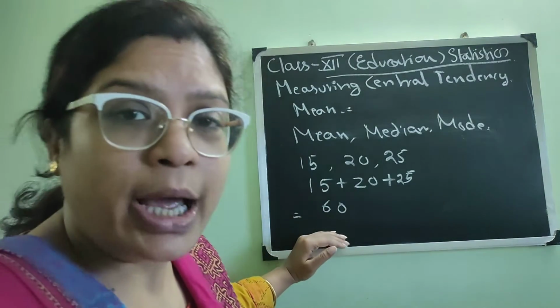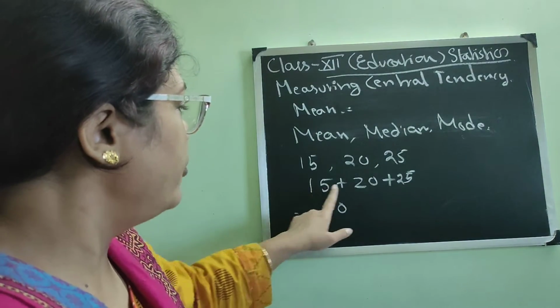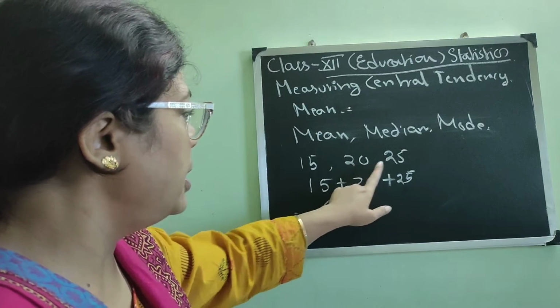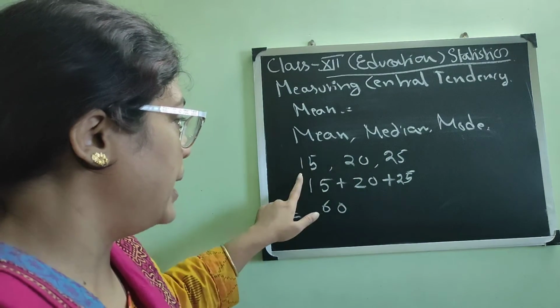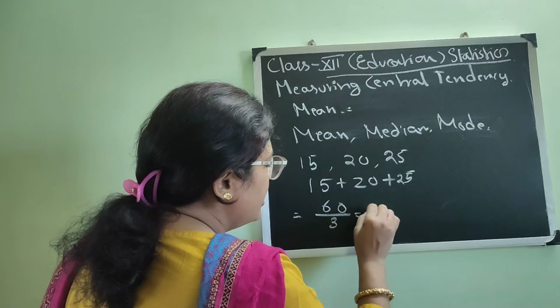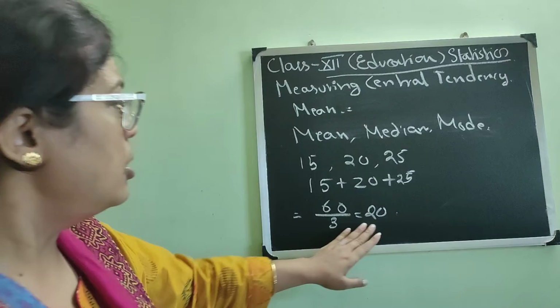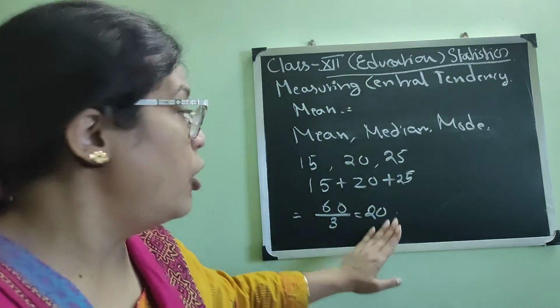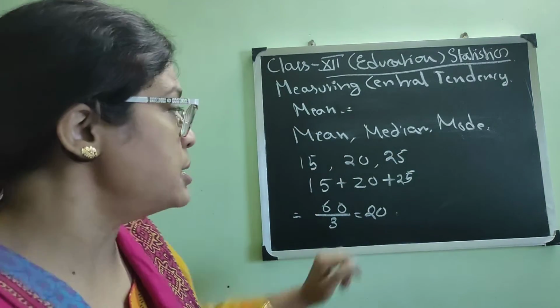Now in case of mean, we have to see how many numbers there are. That means n. So the number is 3, and we have to divide by 3. The answer is 20. So the average, or mean, of the price of these three books is 20.